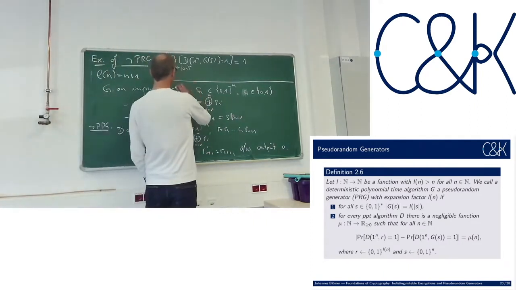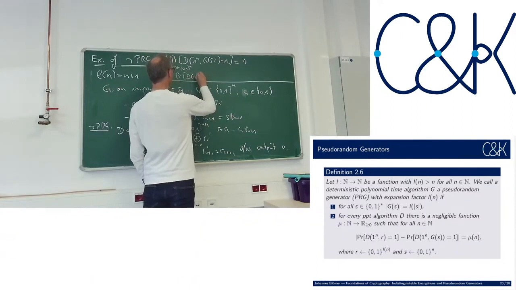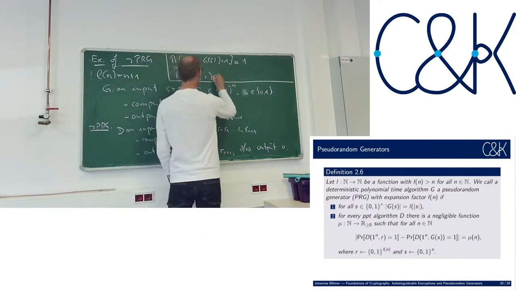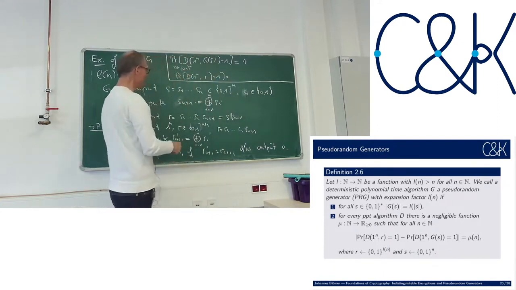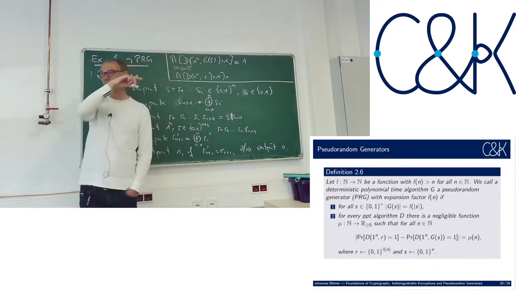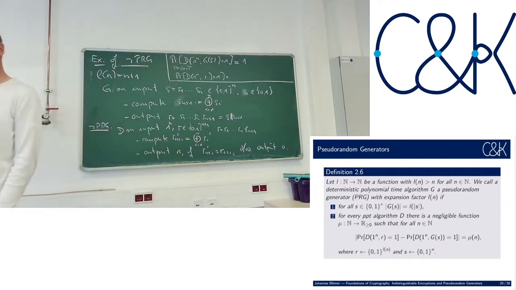Now let's do the other probability. Here, R is chosen uniformly at random from 0, 1 to the n plus 1. What's the probability of outputting 1 over this random choice? 1/2. Correct. Why?